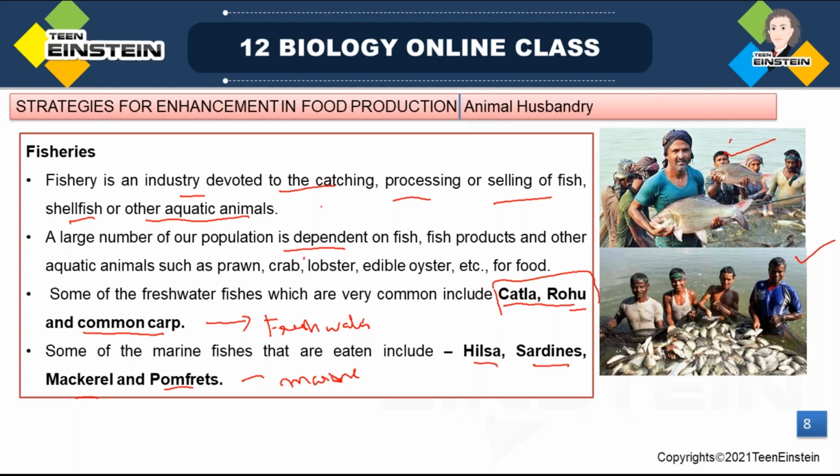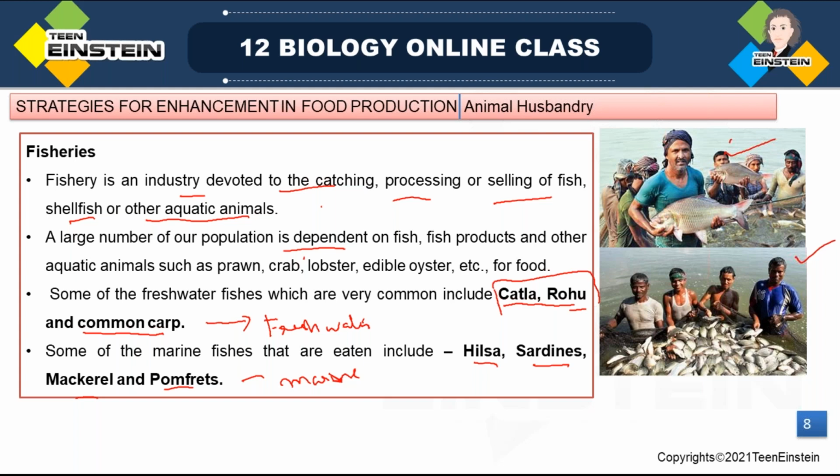So with the increase in demand for fish and fish products, different techniques are being employed for this culture, pisciculture, and they are able to increase the production of aquatic plants and animals.